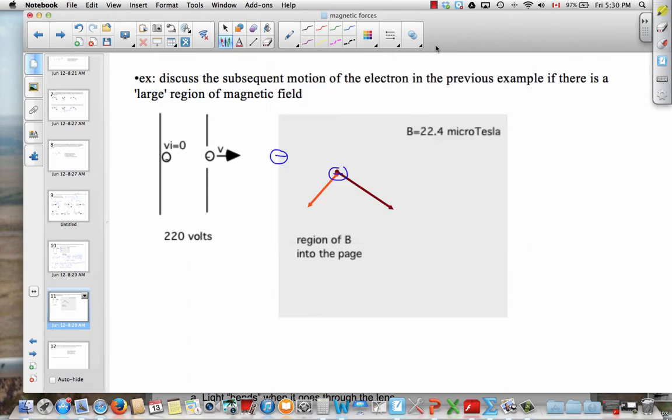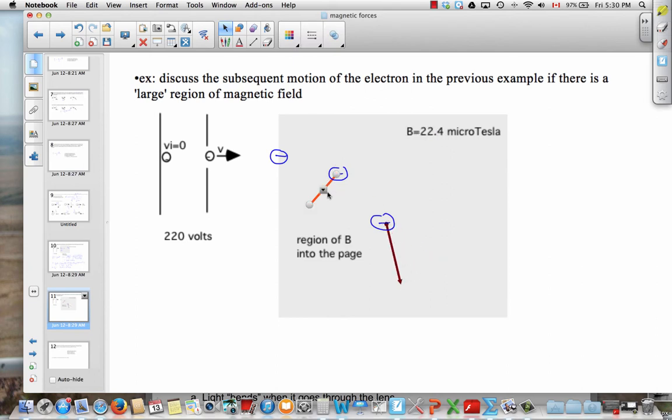So next, we can just repeat that argument. A little bit later, the particle's not going to be over here because the force is pushing it sideways. So let's say it's now maybe over here. A little bit later, the velocity is not going to be in this direction because the force is pushing this particle perpendicular to that. So maybe it's now moving this way.